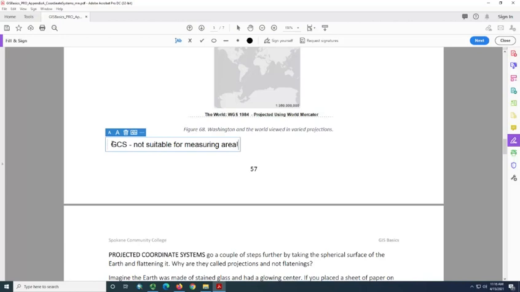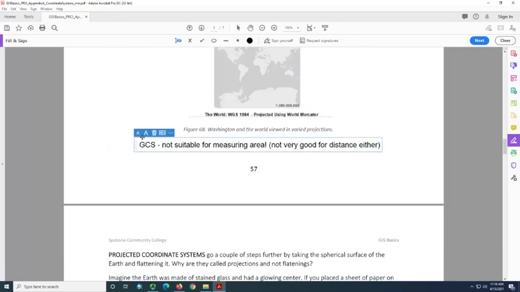Okay, and they're not very good for distance either. When you're measuring with a geographic coordinate system, you're looking at measuring differences in latitudes and longitudes, differences in degrees, and we're not able to effectively do that. So you need to know that. We're going to pause.